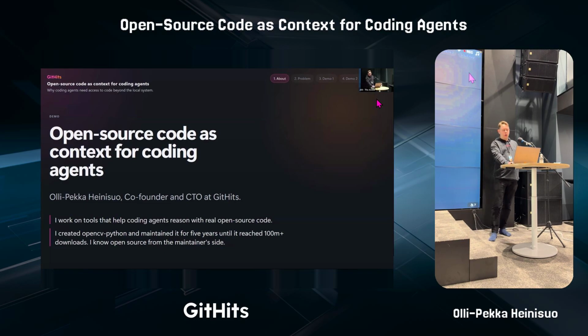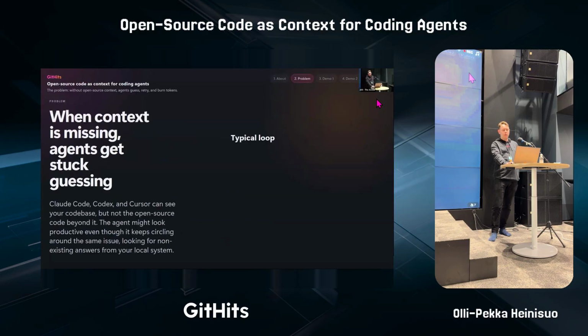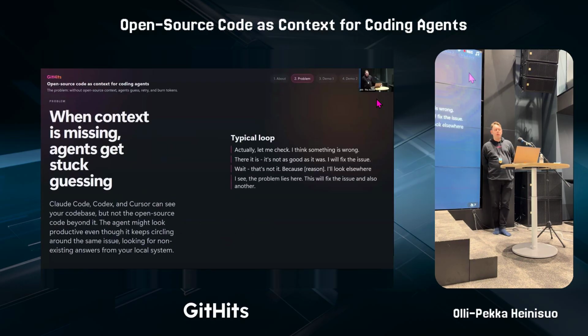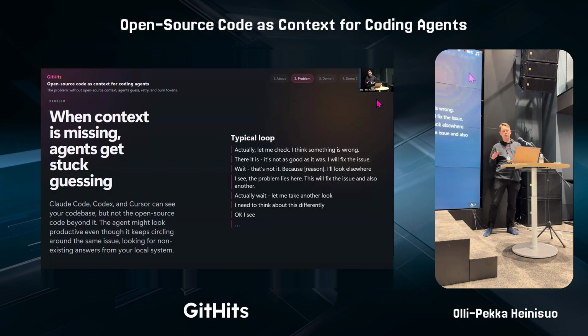So let's go to the problem we are going to solve. Agents start looping because they lack context. Basically, they have access to the local code base and some other context that might be in your local system, but they don't see outside your system unless you install some tools.